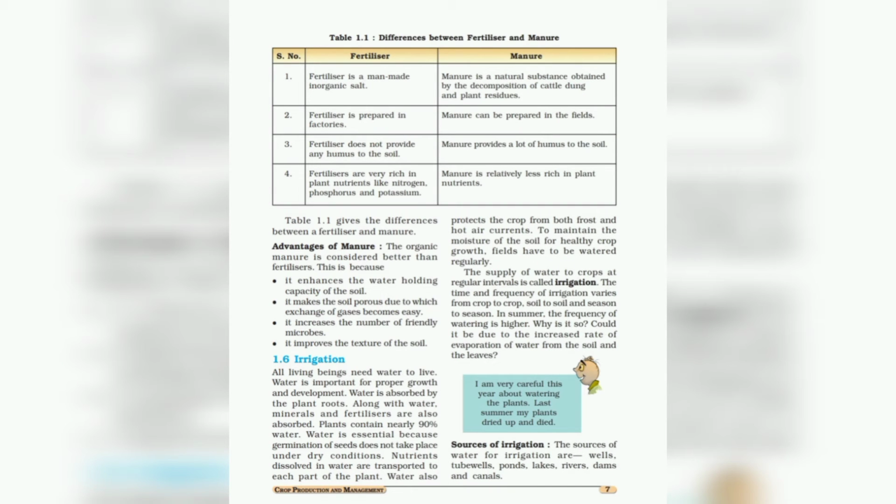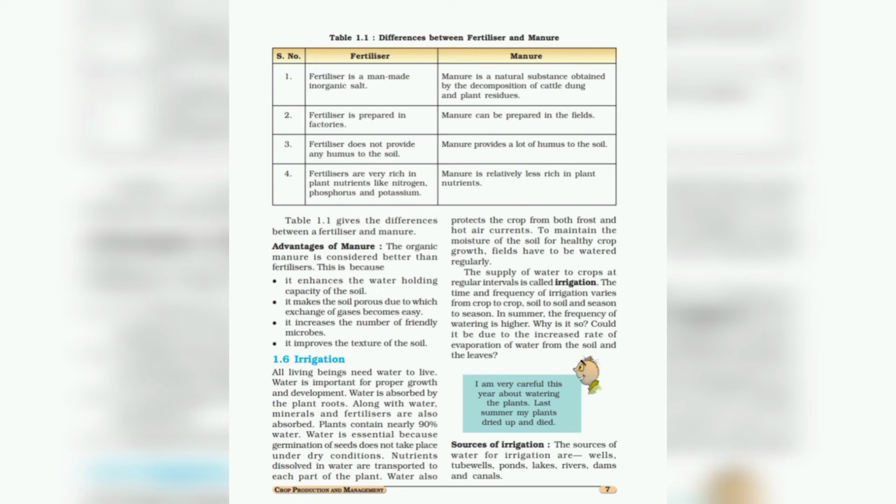We can say that fertilizers are inorganic salts, and manure is a natural organic substance. Fertilizer is a man-made inorganic salt, and manure is a natural substance obtained by the decomposition of cattle dung and plant residue. Fertilizer is prepared in factories, manure can be prepared in the field.